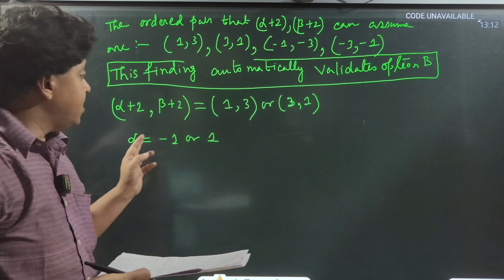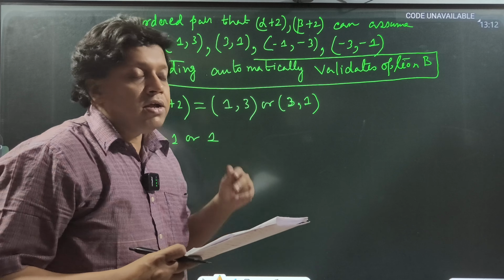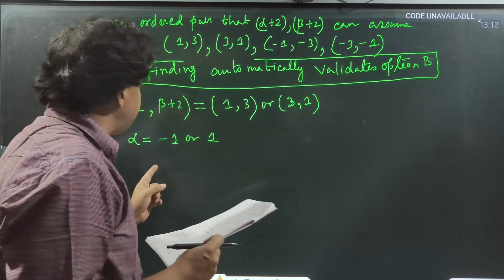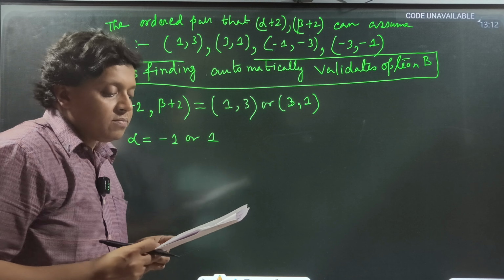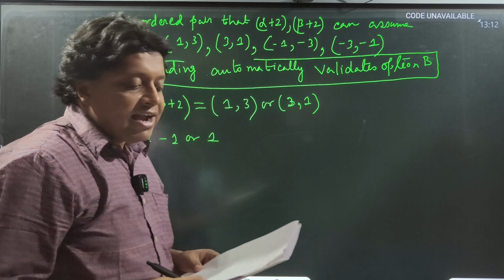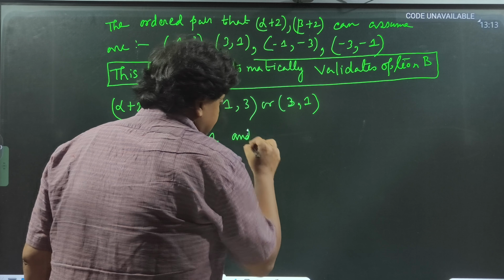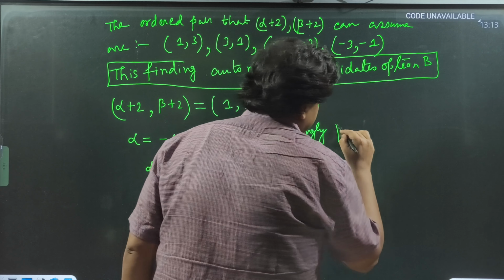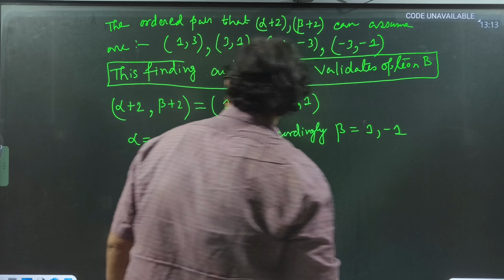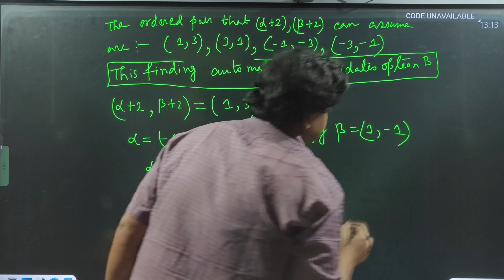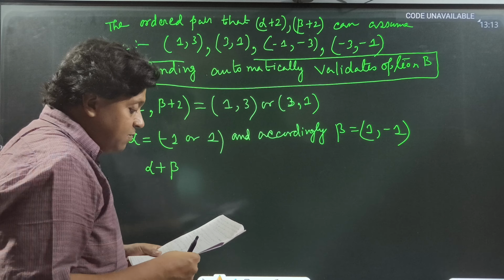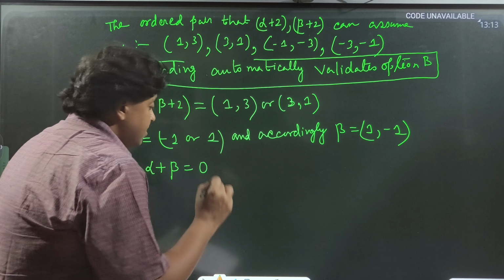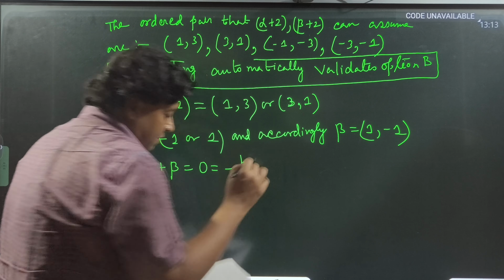And similarly, when alpha will be equal to minus 1, beta will be equal to 1. So ultimately alpha, beta will be equal to minus 1 and plus 1. But in that case, we will have alpha plus beta equal to 0.